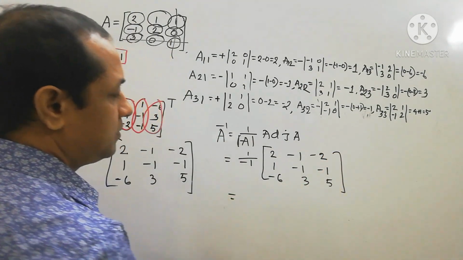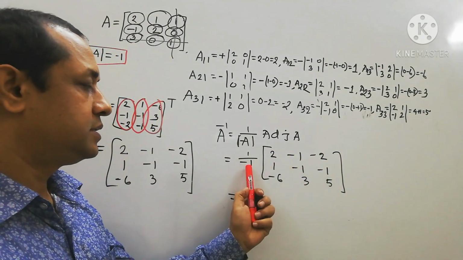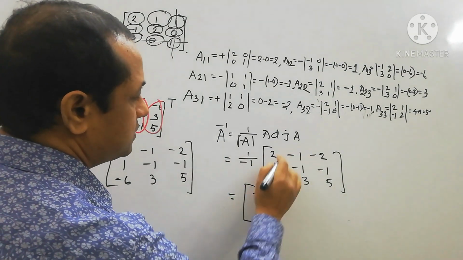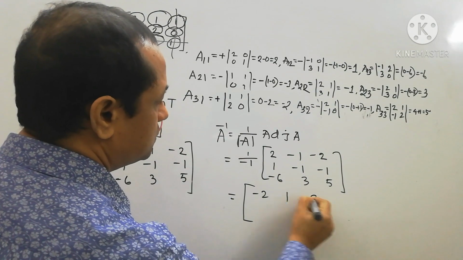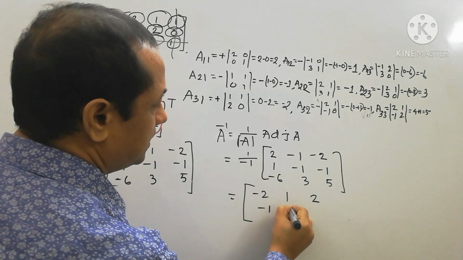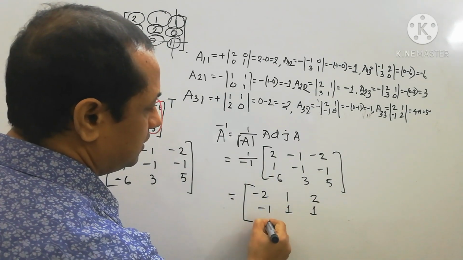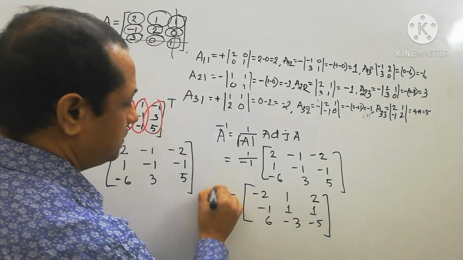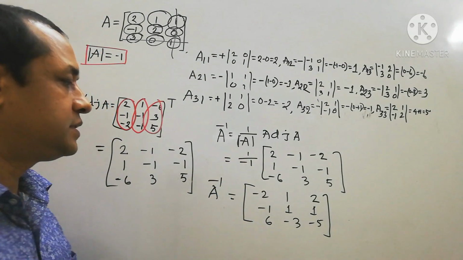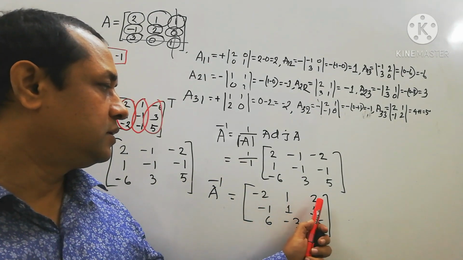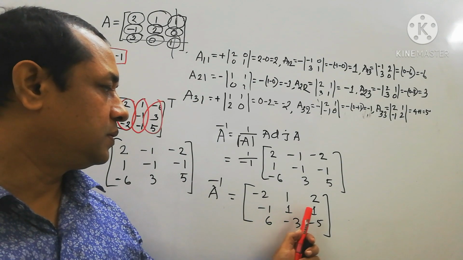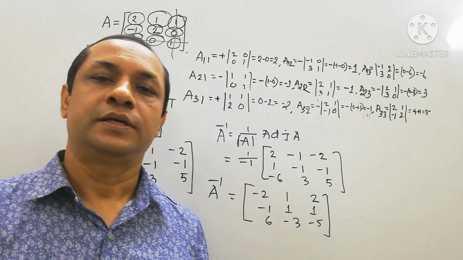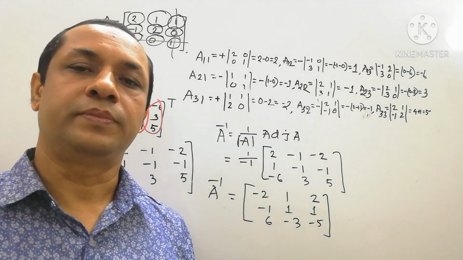Now multiplying all entries by minus 1, we get A inverse as minus 2, 1, 2, minus 1, 1, 1, 6, minus 3 and minus 5. This is the inverse matrix.